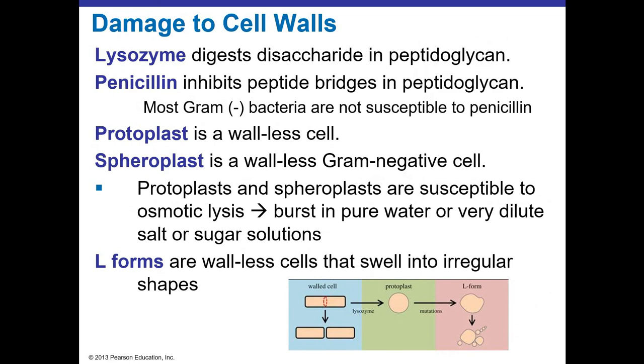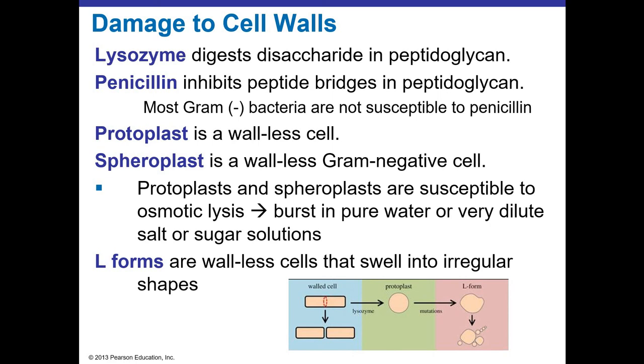We can also do things to damage cell walls. Some of this is natural, some of this are things that we introduce. Lysozyme is present in all your secretions. One of the things that it does is digest the disaccharide in the peptidoglycan layer. So it's helping to control that a lot of your normal gram-positive flora doesn't get into the wrong place.